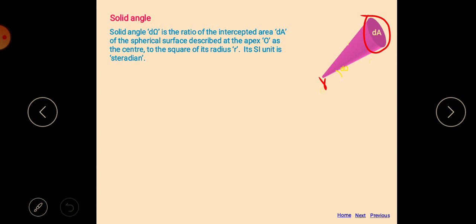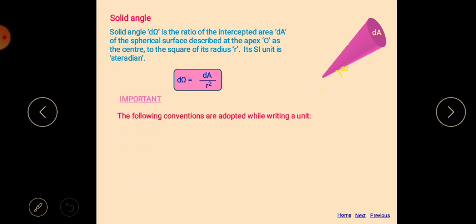Then the formula is dA upon r square. You may compare, the previous one is ds upon r, length upon radius, and this is area upon r square, and the unit is steradian.